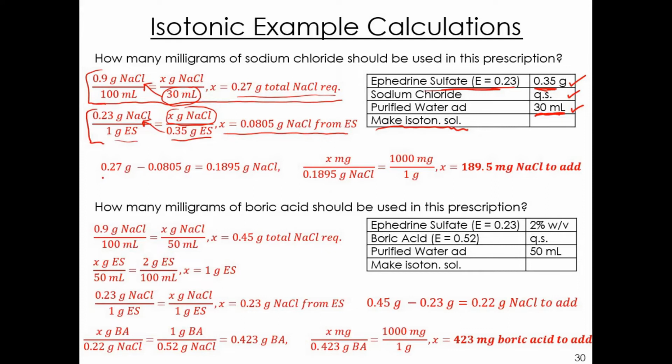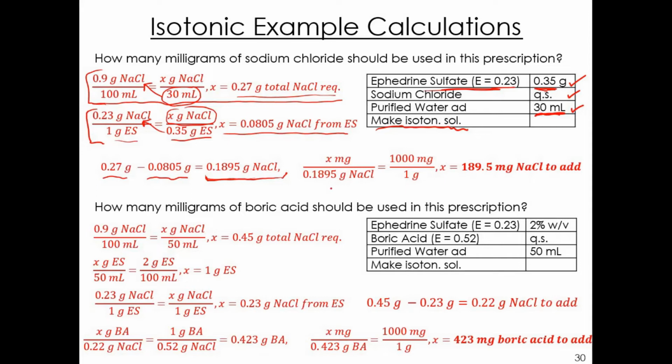So if we take the amount of sodium chloride needed to make the entire volume isotonic, and subtract from that the amount of sodium chloride represented by the ephedrine sulfate ingredient, that means that we should really only combine 0.1895 grams sodium chloride with the ephedrine sulfate to get the total isotonic number of particles.